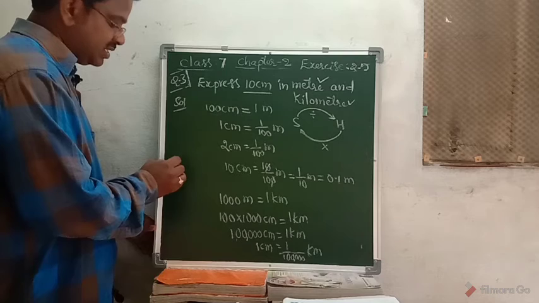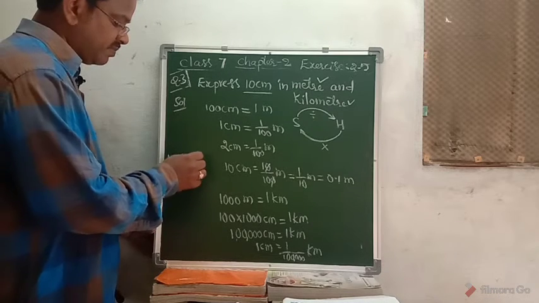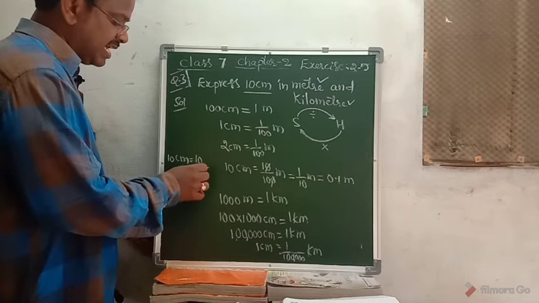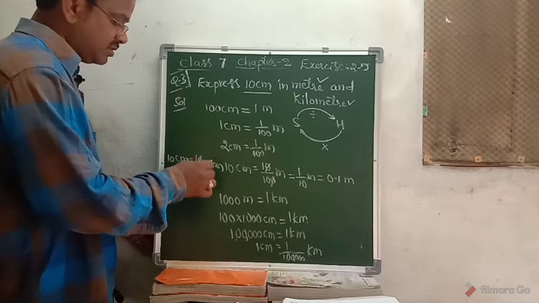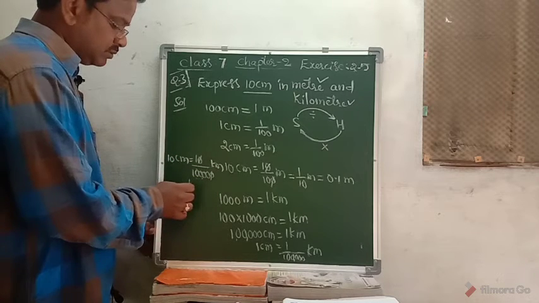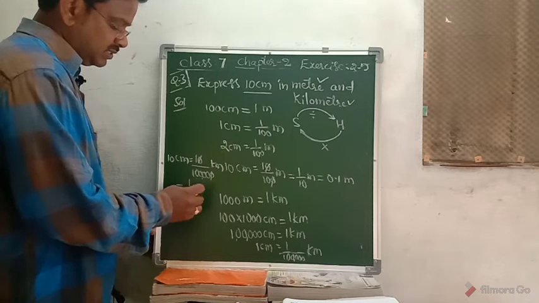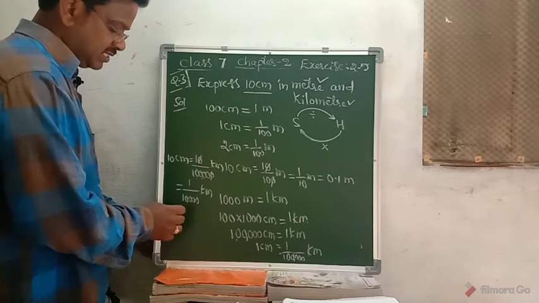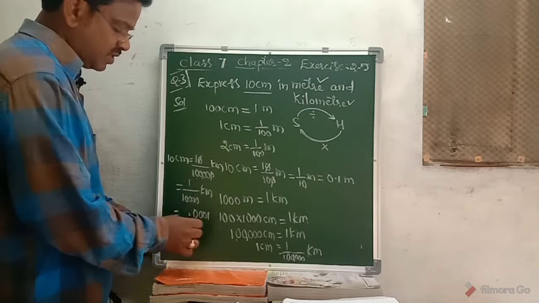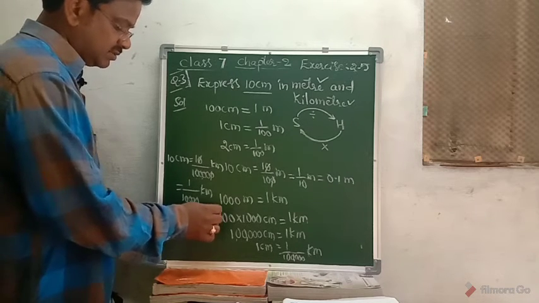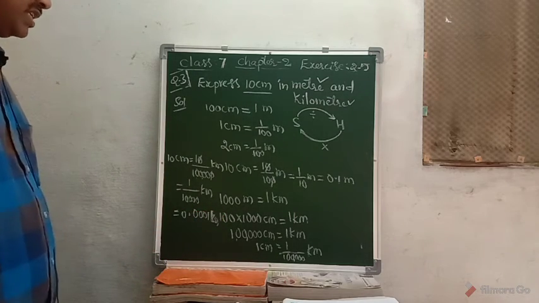Here we have 10 centimeters, which is 10 by 1 lakh kilometers, that is 1 by 10,000 kilometers, which in decimal is 0.0001 kilometers.